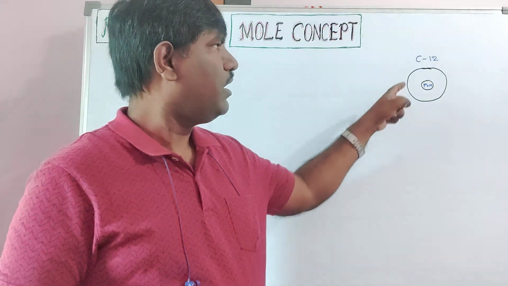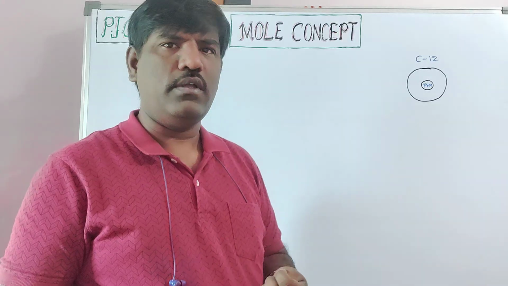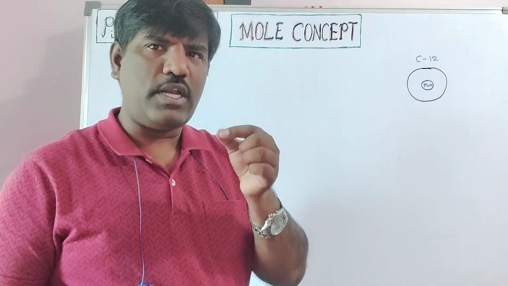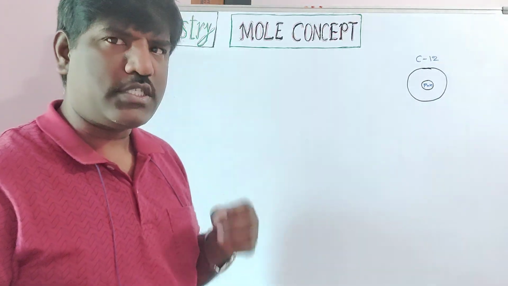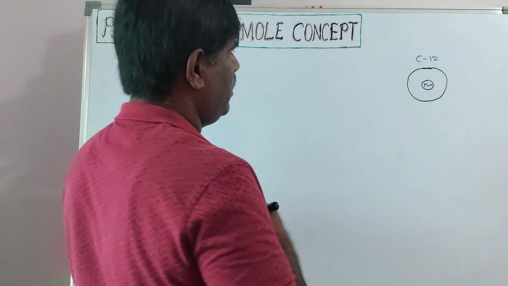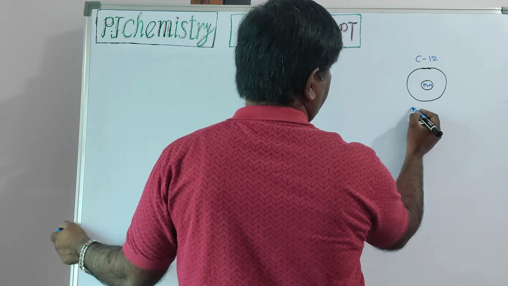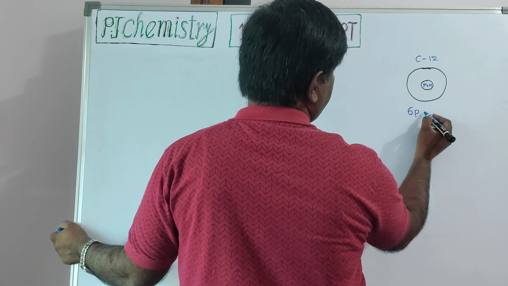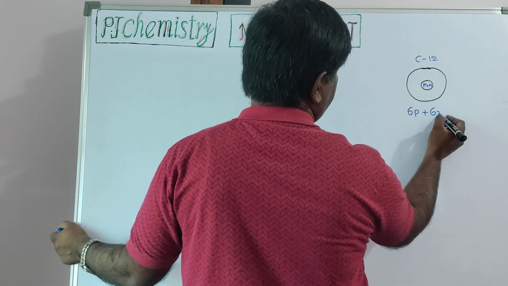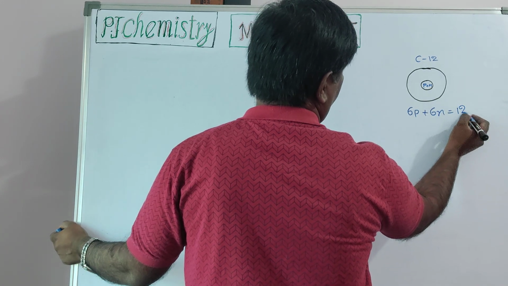It has atomic number 6, mass number 12. So it has a total of 6 protons and 6 neutrons in its nucleus. It has 6 protons plus 6 neutrons, which is nothing but mass number 12.